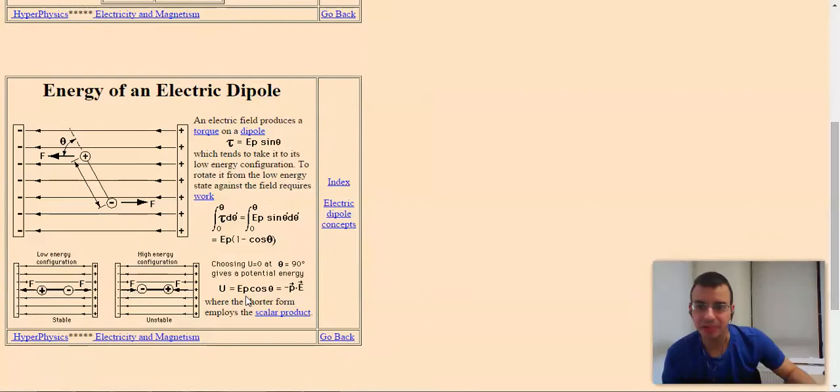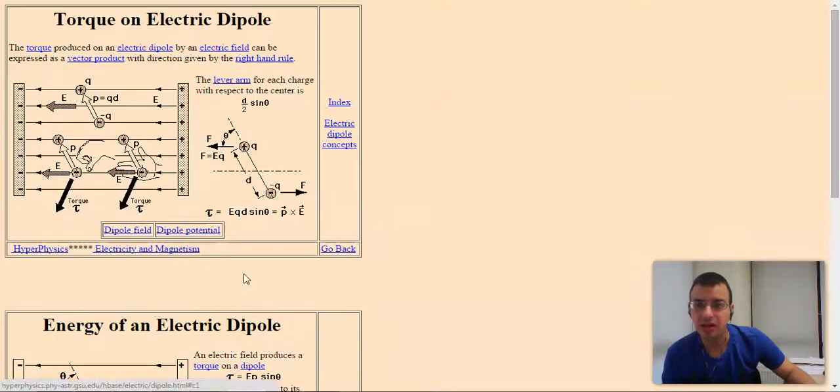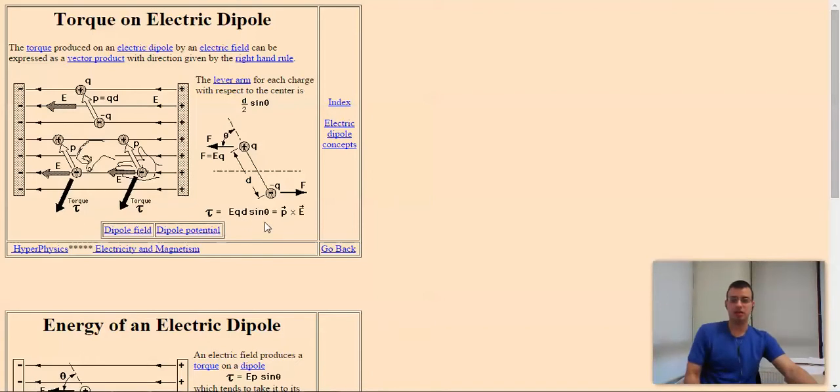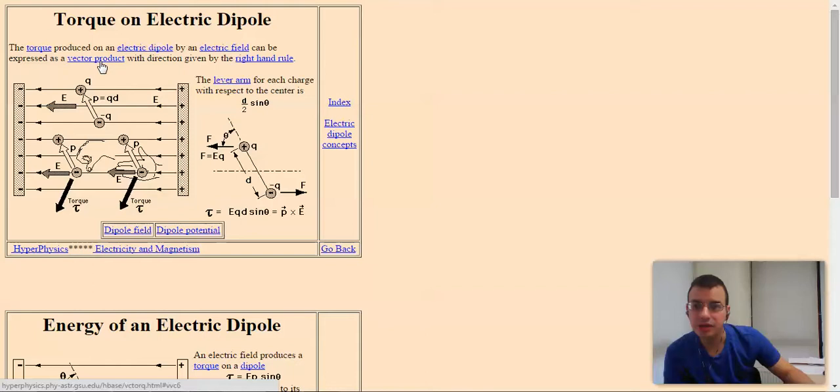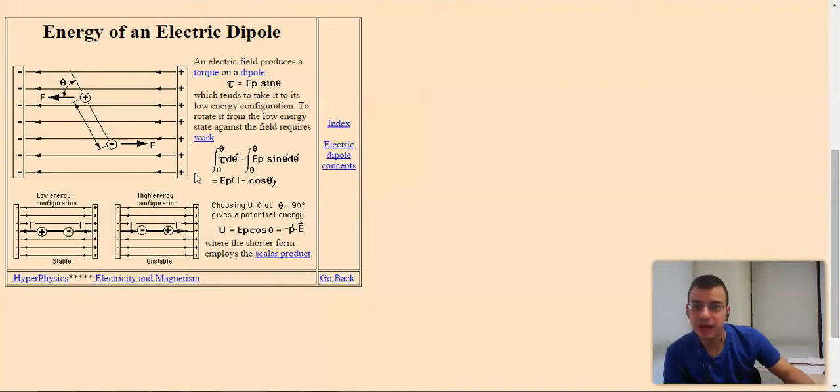And I'm looking for a dot product. Torque equals EQD. Nope, that's the torque. I don't want the torque. Energy. Aha, there we go. EP, negative P dot E. Okay.